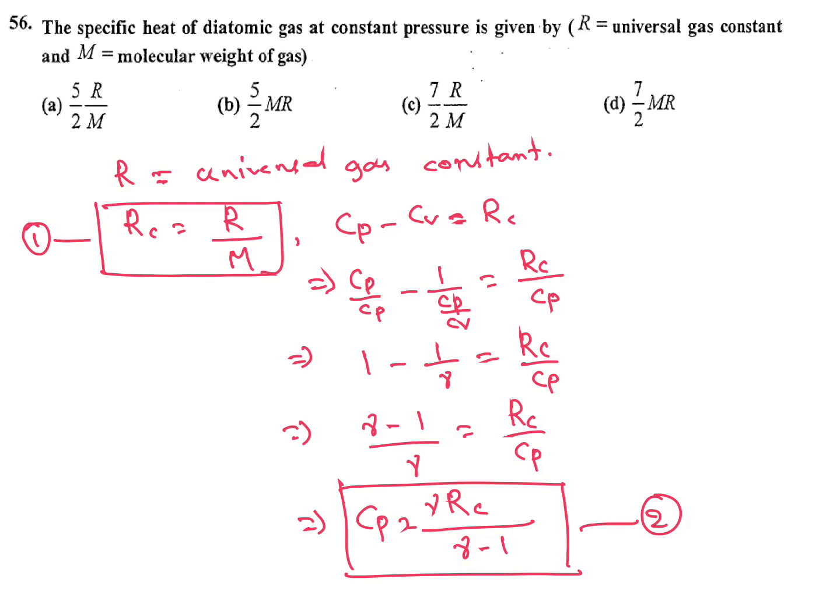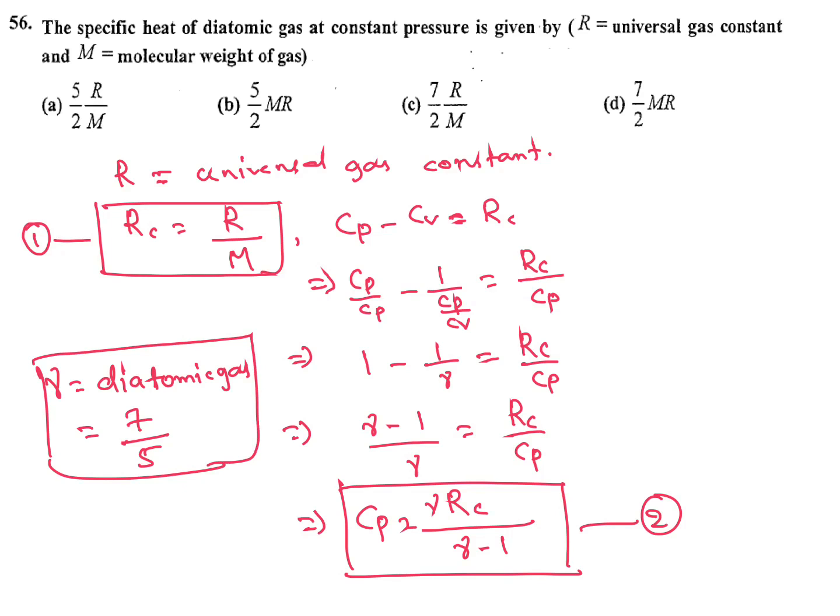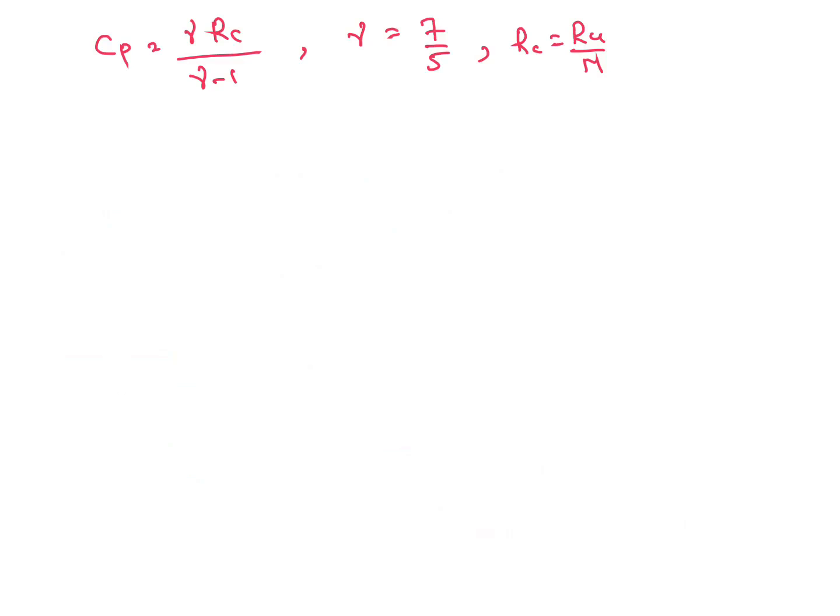And one more thing we know, gamma value for diatomic gas equal to 7 by 5. So this one also we will use here. These three things we already discussed.